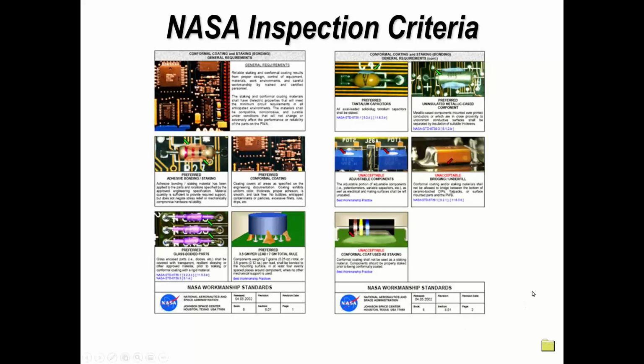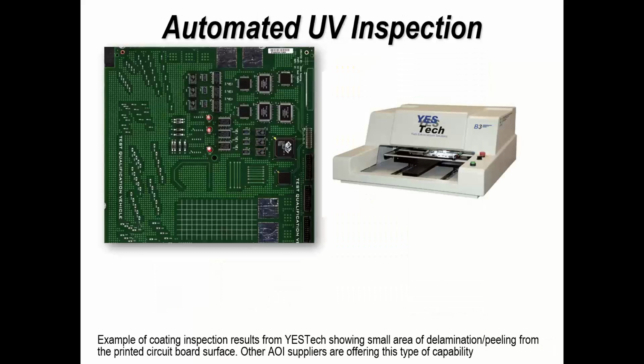So that's nice, it doesn't cost you anything, but I have to say the IPC standards are the standards most commonly used in all contract manufacturing across the world, really, and most people refer to it. Although there are others, it's still the IPC standards that most people either define or require on their products.